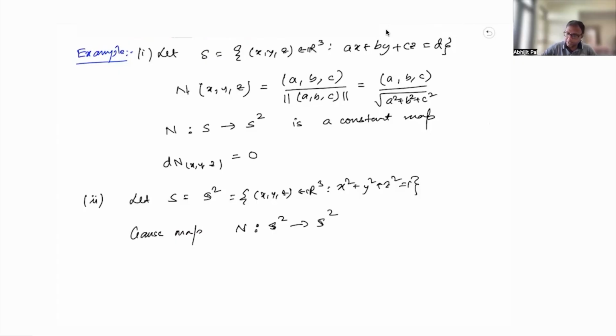So check that N is an identity map. Okay, so it is clear from the definition that this N is an identity map.